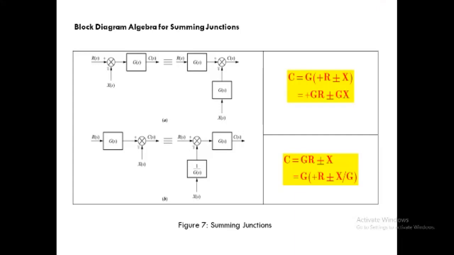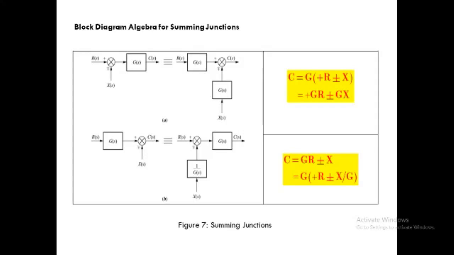Now consider figure B, R of s. Here X of s will be after the gain. So what will be here? When we are transferring this X of s to the left hand side of the G of s, it should be divided by G. Okay, so R of s summing point will be given, so it should be considered as 1 upon G of s, and it has one input function, that is X of s.